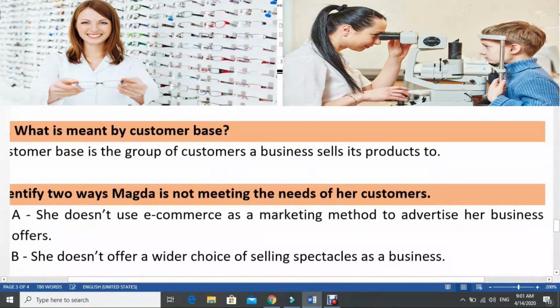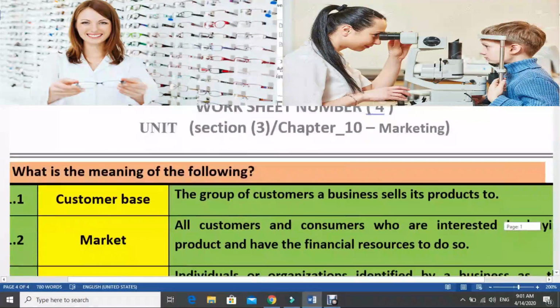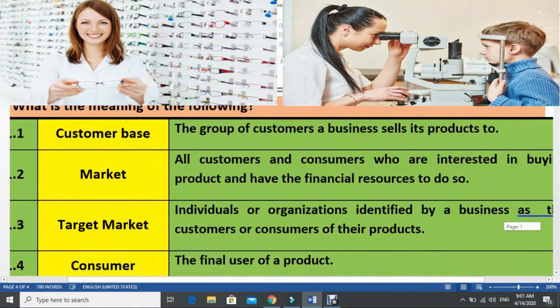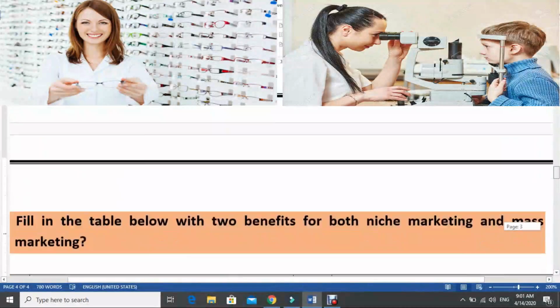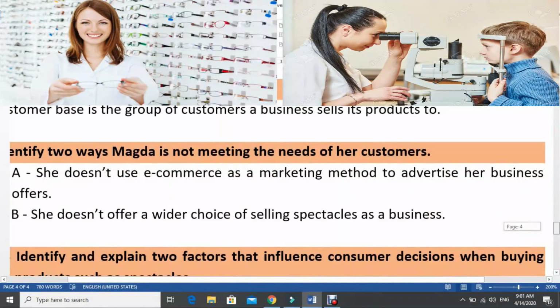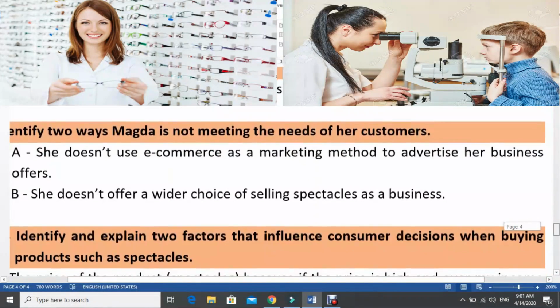Okay. The first question says, what is meant by customer base? If you go, guys, to the first definitions at the top of the worksheet, you will find the answer. Customer base is the group of customers a business sells its products to. Question number 2.